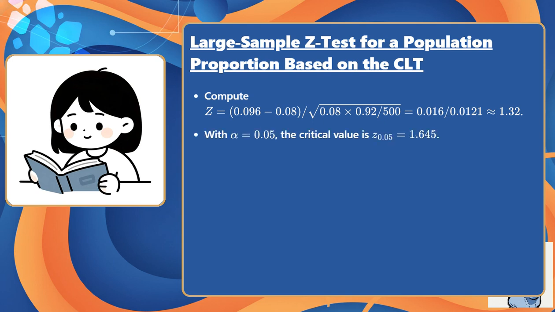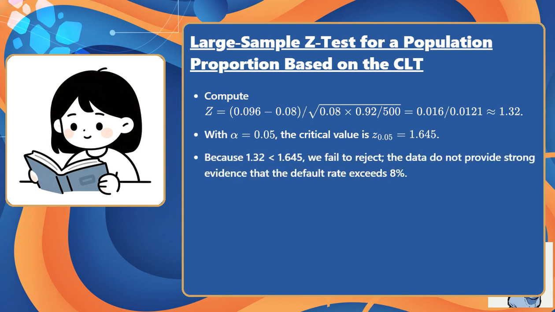With alpha equal to 0.05, the critical value is z sub 0.05 equals 1.645. Because 1.32 is less than 1.645, we fail to reject. The data do not provide strong evidence that the default rate exceeds 8%.